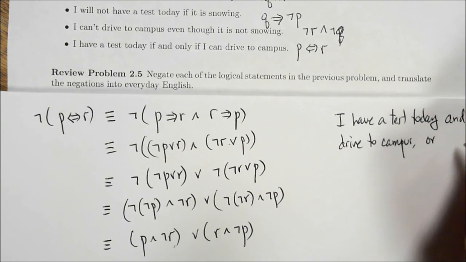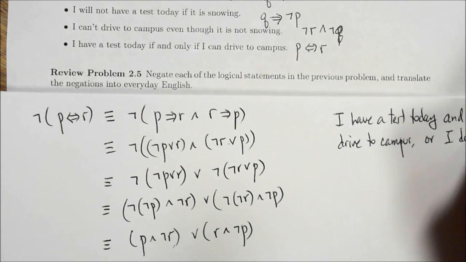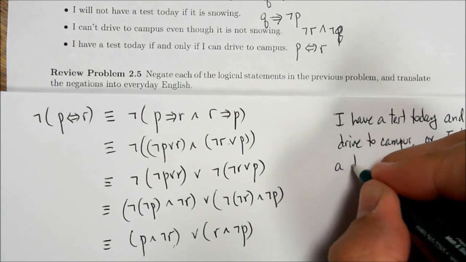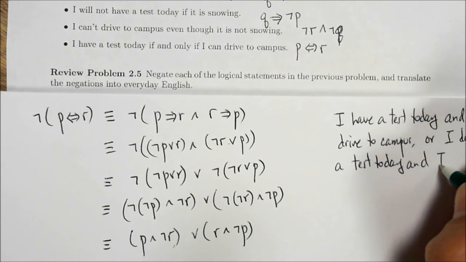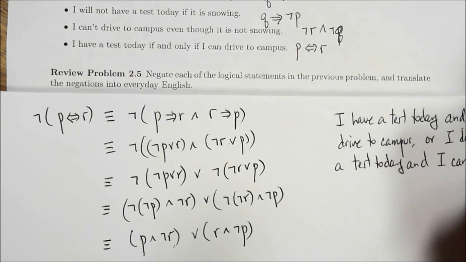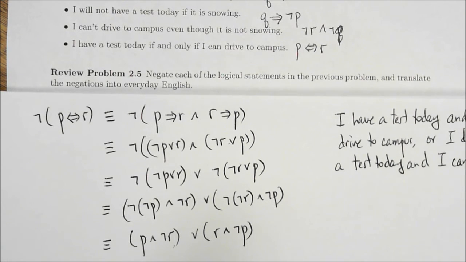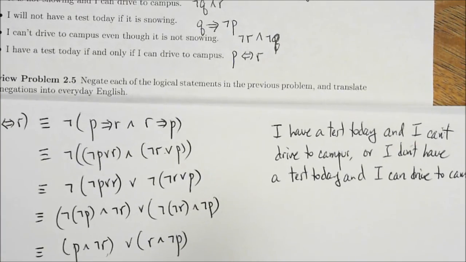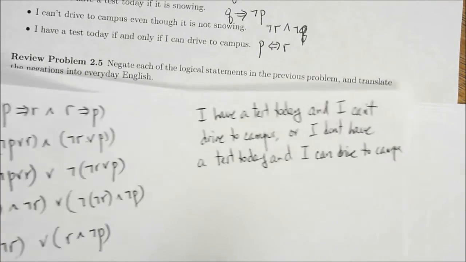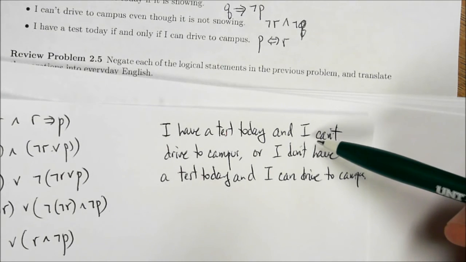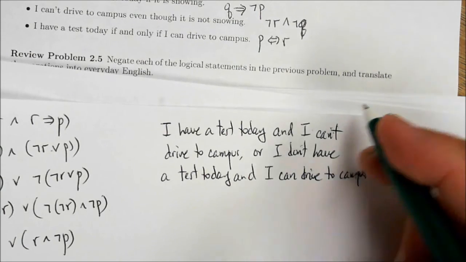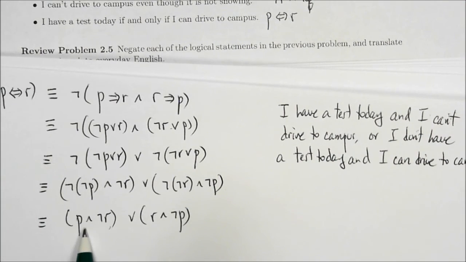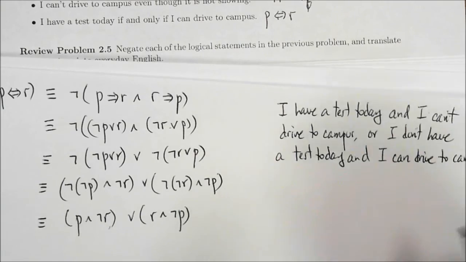Or I don't have a test today, and I can drive to campus, using the meanings of P and R. I'm sorry, that got cut off at the edge there. I have a test today and I can't drive to campus, or I don't have a test today and I can drive to campus. So those are my two possibilities for this conclusion that I have here.